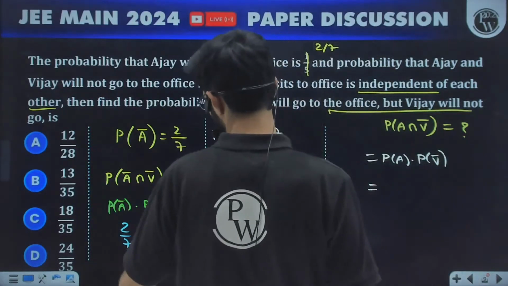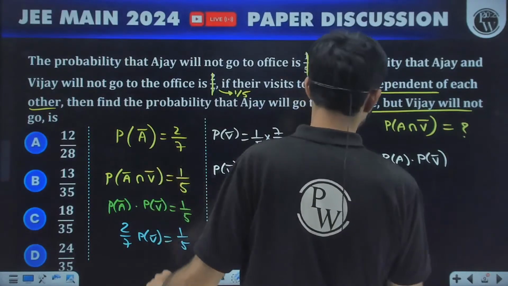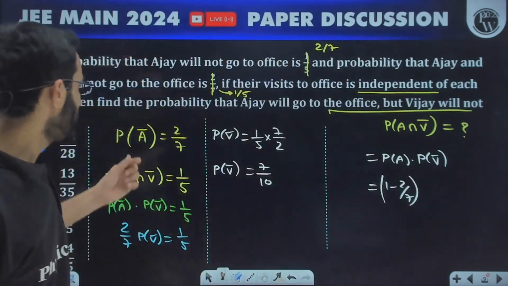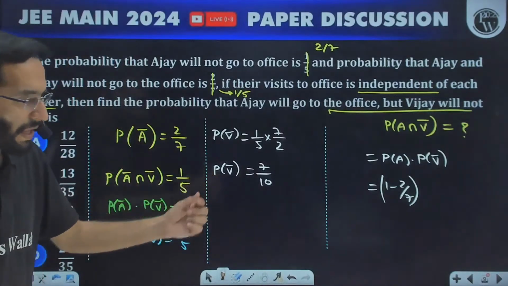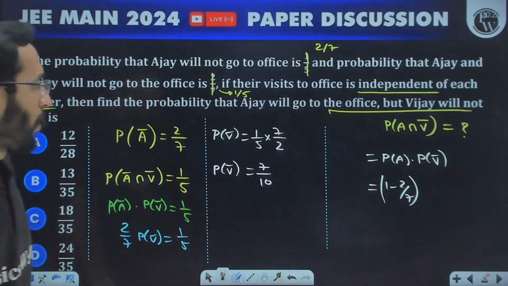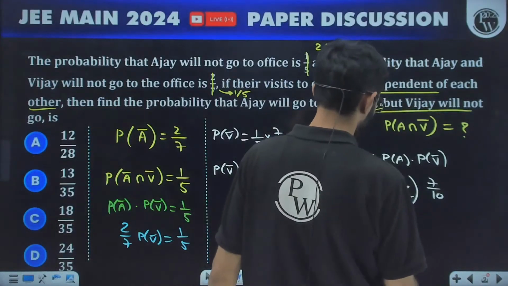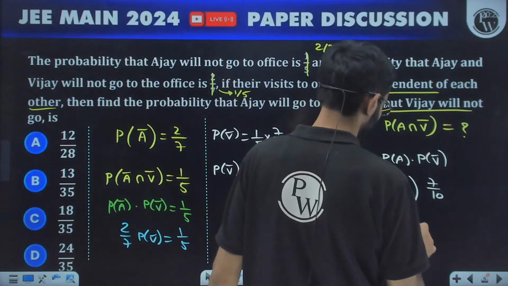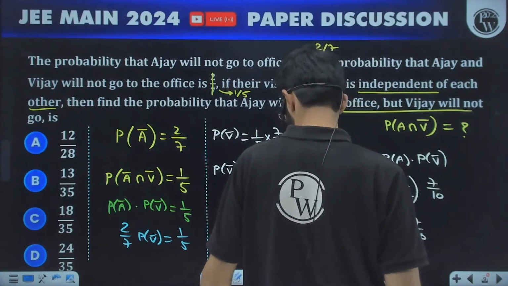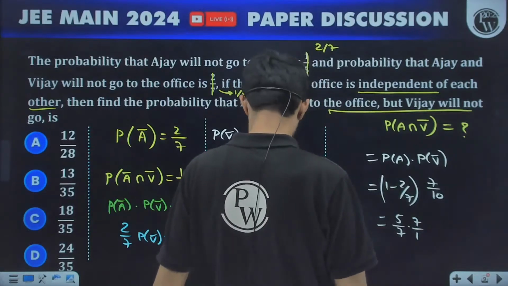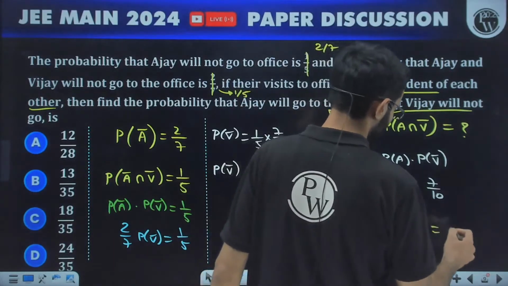Now probability of A is 1 minus 2 by 7 or not? Please give me some response, because probability of A bar is 2 by 7. The probability of A is 1 minus 2 by 7, that is 5 by 7. Probability of V bar is 7 by 10. So 5 by 7 times 7 by 10. If I simplify further, I directly cancel that out. So 5 by 10 will become half.